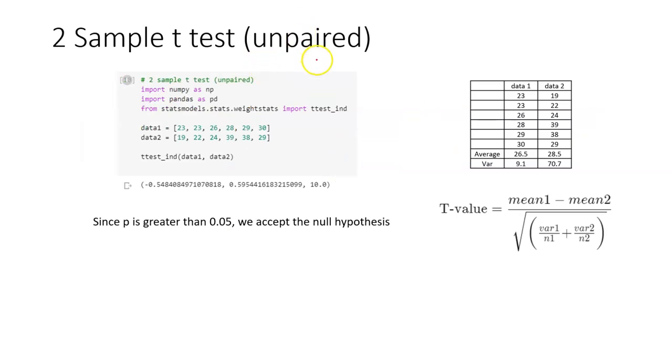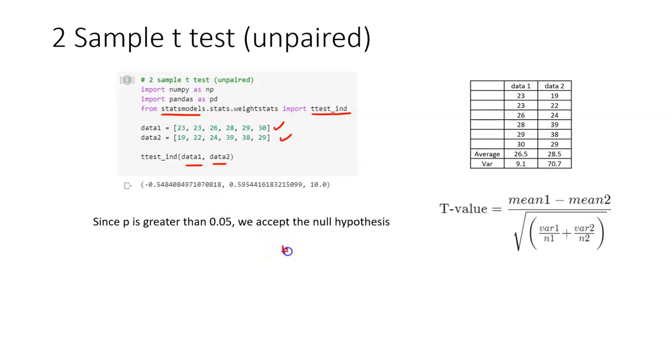Now let's look at two sample t-test. We consider a case of unpaired. So here, we have to import NumPy and pandas, and I also import another library. From statsmodels, we import the ttest_ind. So these are the two arrays that are being compared.